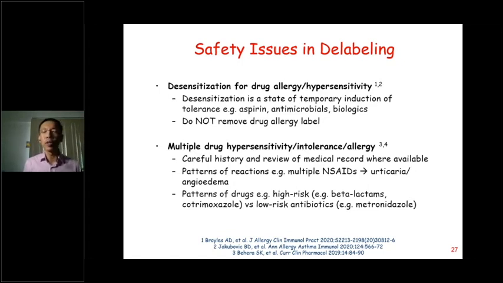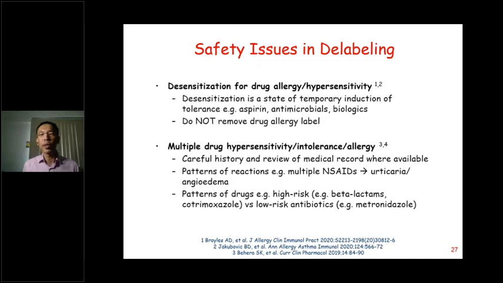So when we talk about desensitization, there is sometimes a little bit of confusion between what exactly is a drug provocation versus what exactly is a desensitization. So this is just to remind ourselves that desensitization is a therapeutic process, and it is a state of inducing temporary tolerance to a drug.